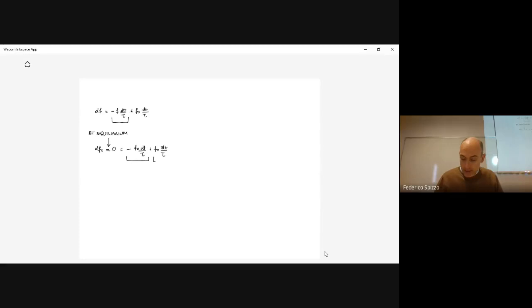So we may say the number of electrons that we lose, the electrons outgoing from the specific place where we consider the value of the distribution function, has to be equal to the number of incoming electrons, again, to preserve equilibrium. The first term is due to the actual distribution function.